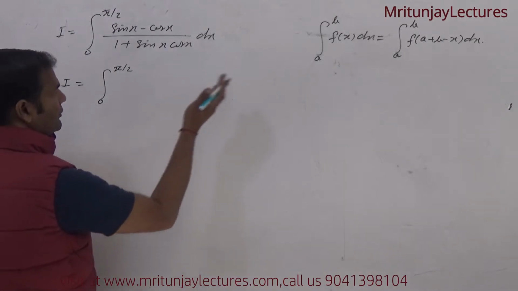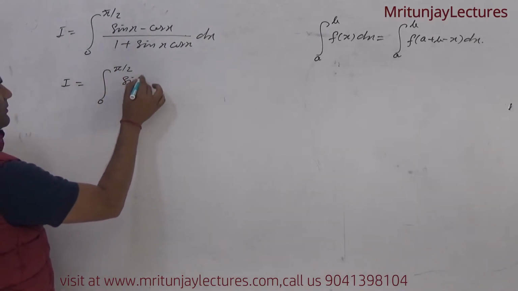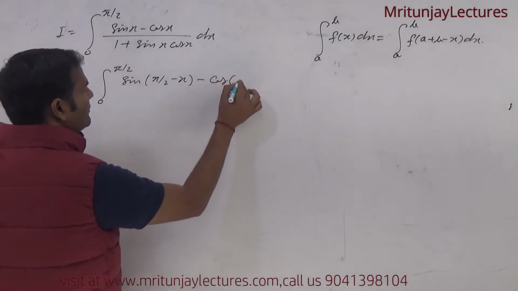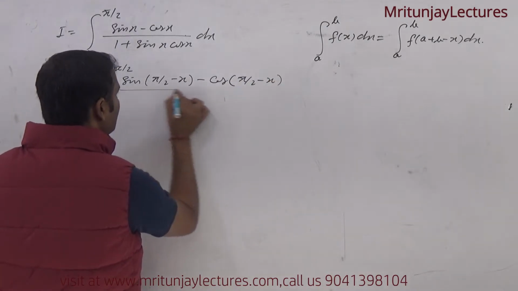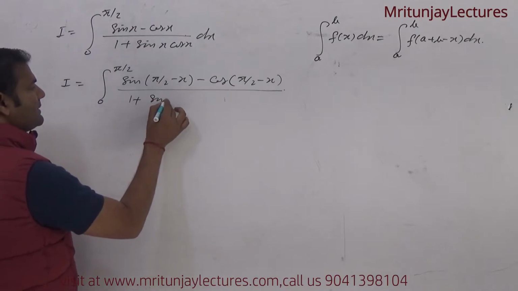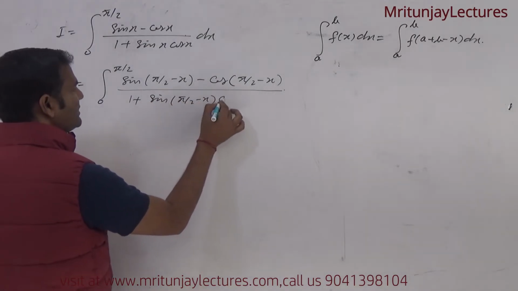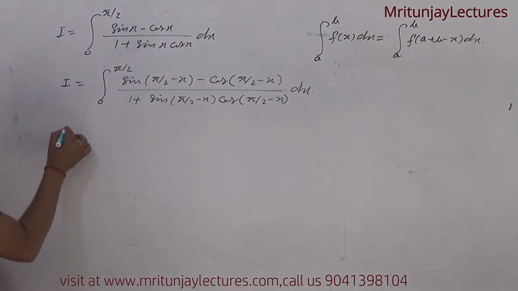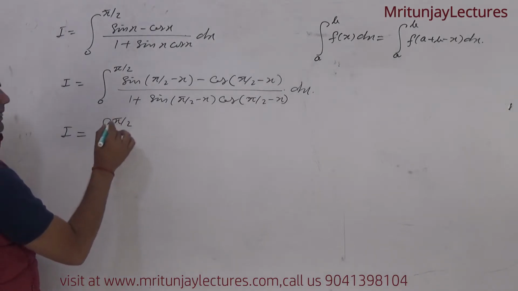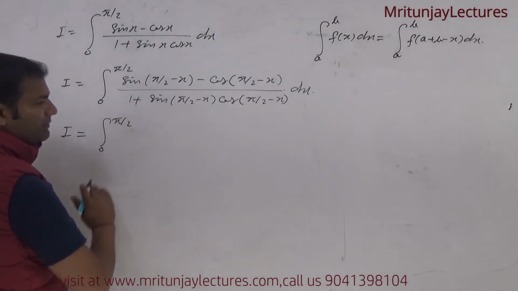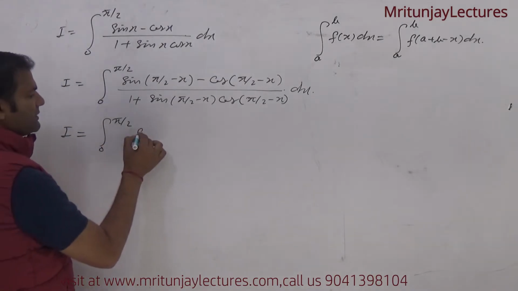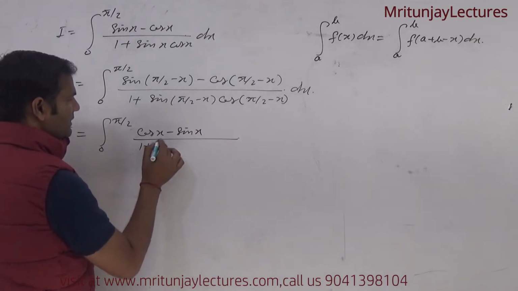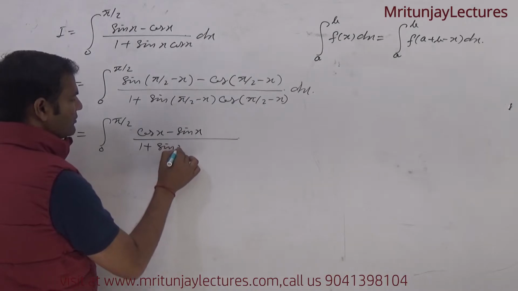Applying the fourth property, sine of pi by 2 minus x is cos x, and cos of pi by 2 minus x is sin x, divided by 1 plus cos x sin x.